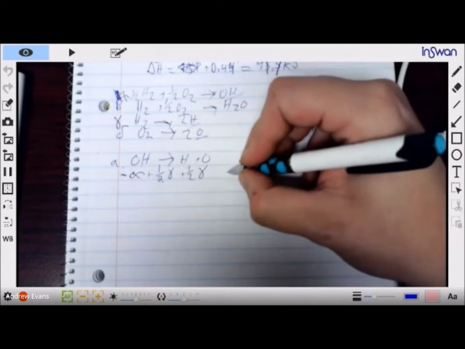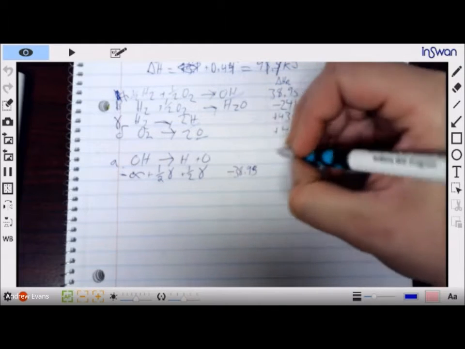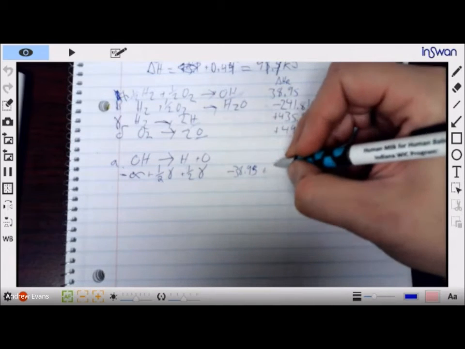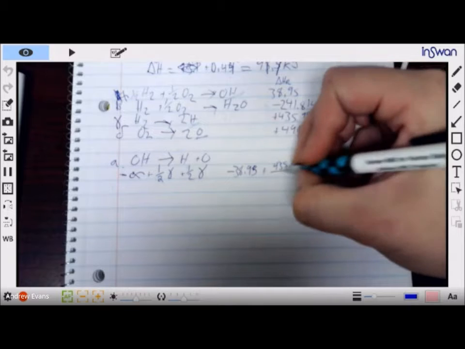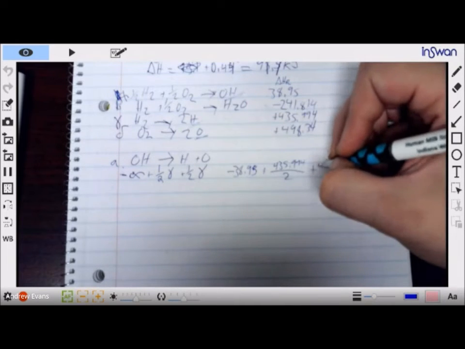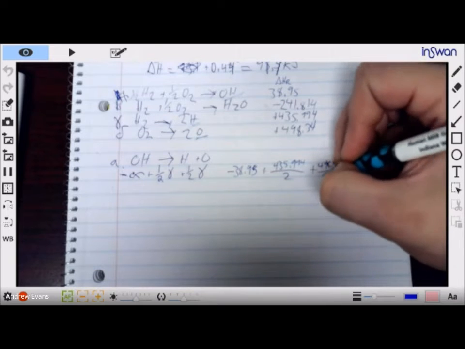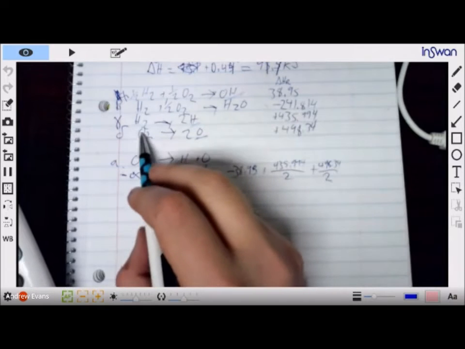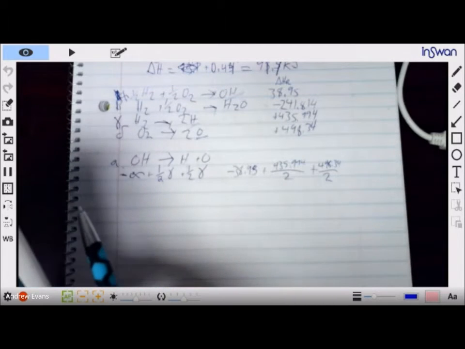So I have negative 38.95, adding 435.994 divided by 2, adding 498.34 divided by 2. All that, so you'd have a half O2, a half H2, cancels with a half H2 and a half O2.